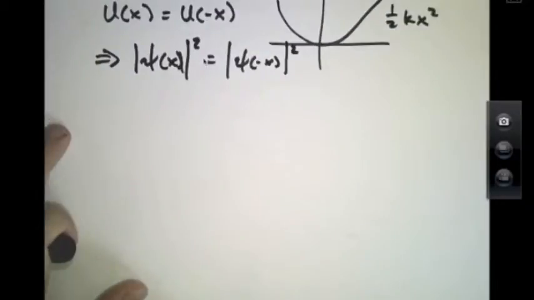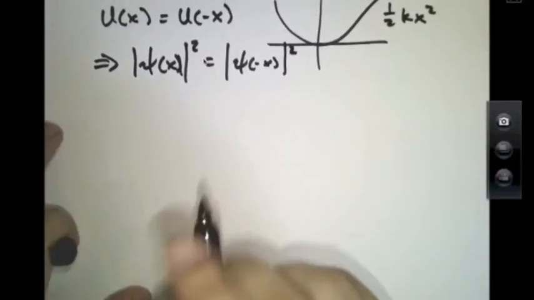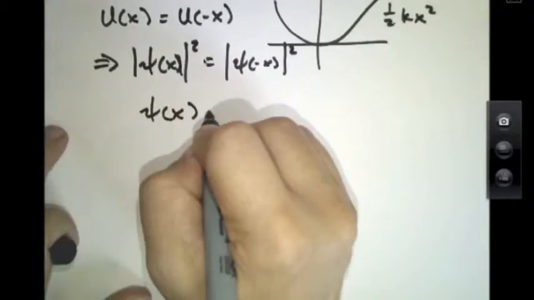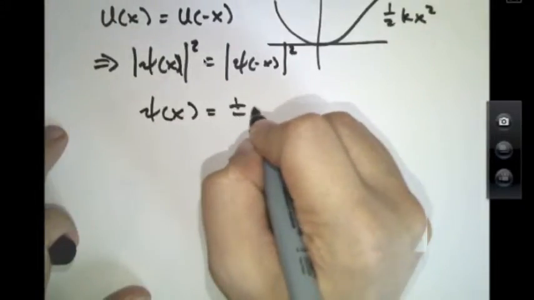And therefore we expect the probability density to be symmetric about the origin, and therefore we expect the wave function to have one of two possible cases.